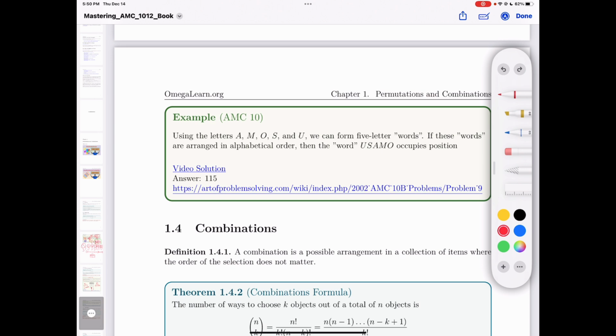Occupies what? No, I do not see, apparently. What position does it occupy? I'm very, very confused.